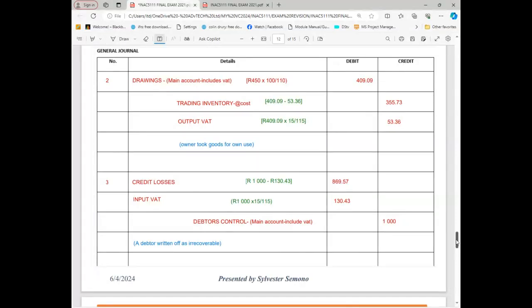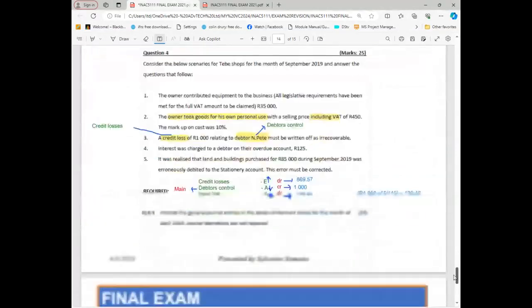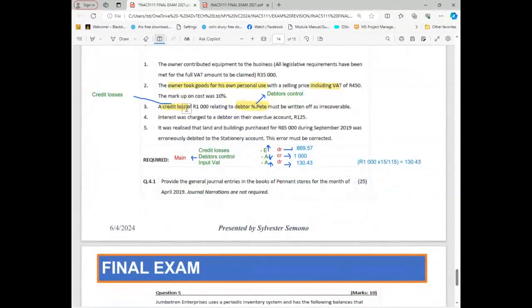Let's go and check the next one. The next one here, it is number 4. So if you look at number 4, what happened to number 4? They said the interest charged to a debtor. Obviously, we've got the interest which has been charged, and obviously we're charging what? A debtor. Remember, interests are not vatable; they are exempt.